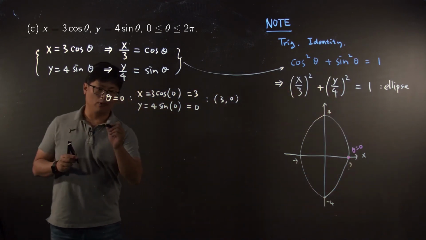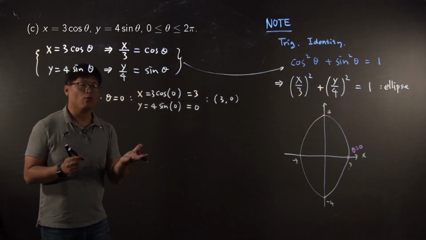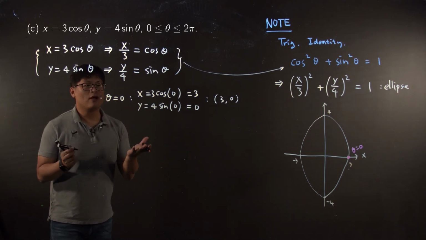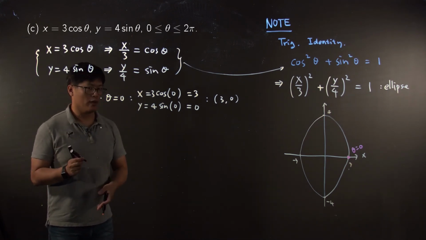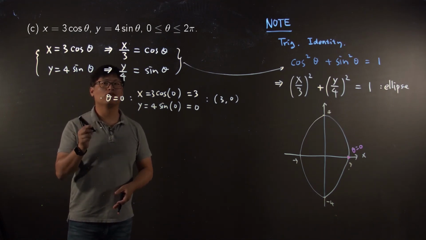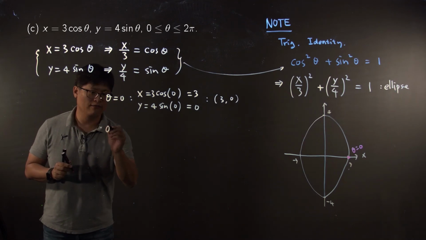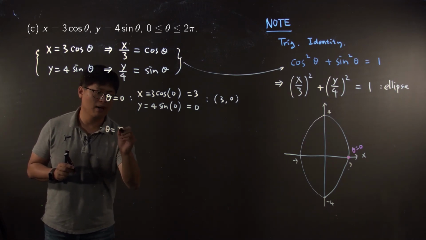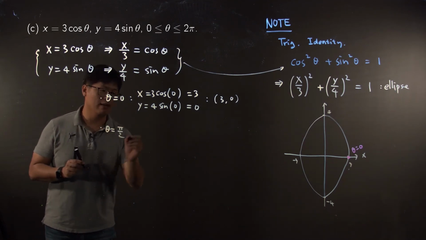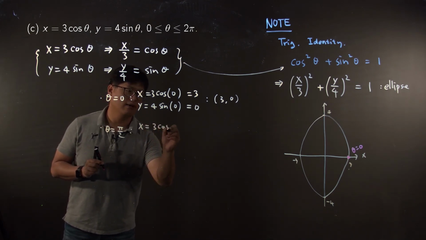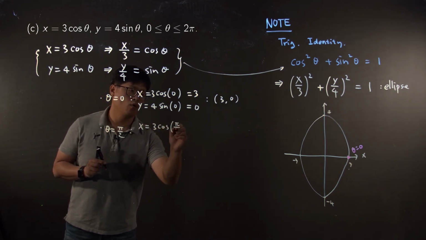And what about the other point? Well, we can choose theta equals 1, but if you choose theta equals 1, then there's no way to evaluate cosine 1 and sine 1, okay? So let me try to use pi over 2, okay? If I say my theta is pi over 2, which is 90 degrees, then my x is 3 cosine pi over 2.